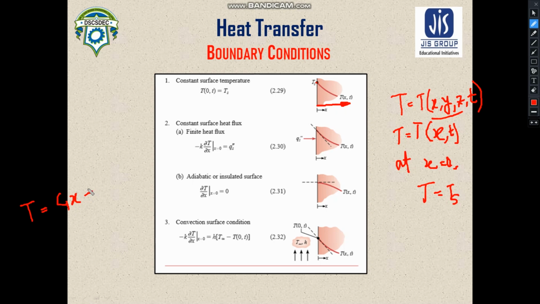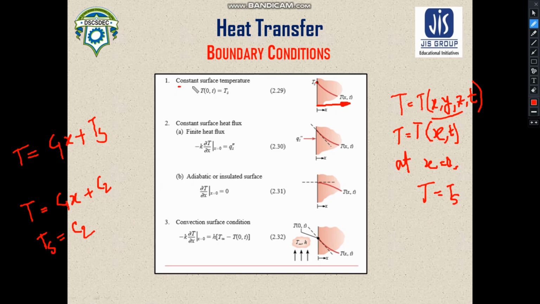If we put x equal to 0 here, then we understand that Ts equals C2. So now this equation reduces to T = C1x + Ts. We want to find C1, which is still unknown, but we have solved for the constant C2.